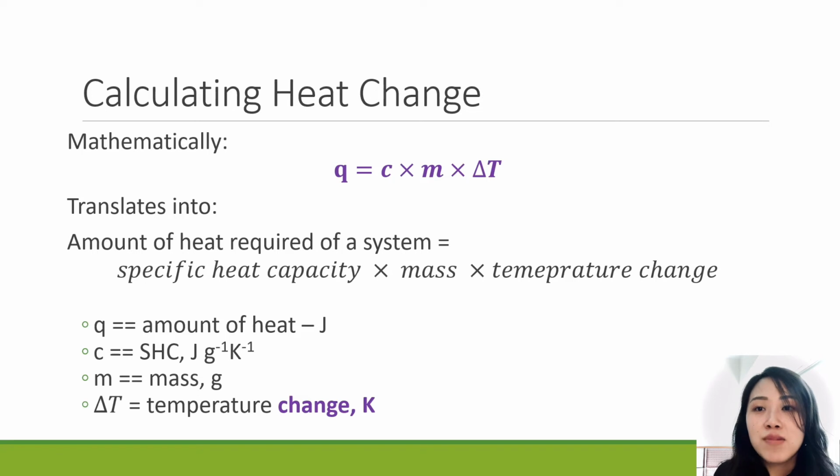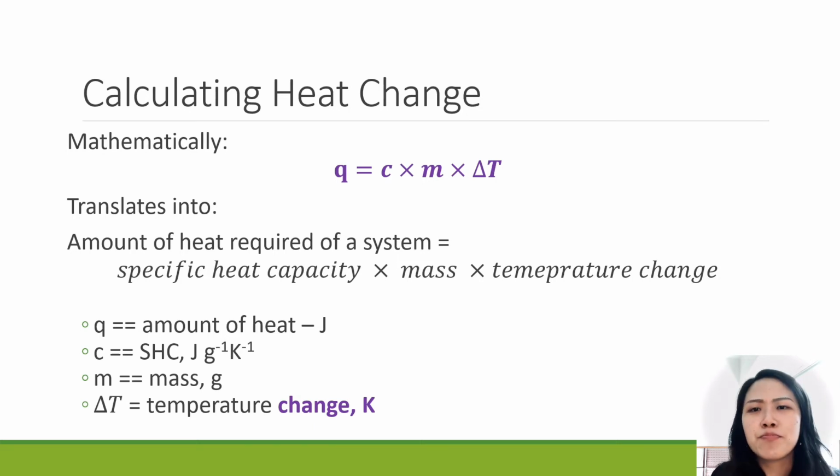Okay. Mathematically, we have this formula, Q = cmΔT, to calculate the heat required for a system to change its temperature. So it has something to do with the specific heat capacity constant, which depends on the nature of that particular substance, multiplied by the mass, because heating up a small loaf of bread versus a huge loaf of baguette will require a different amount of energy.